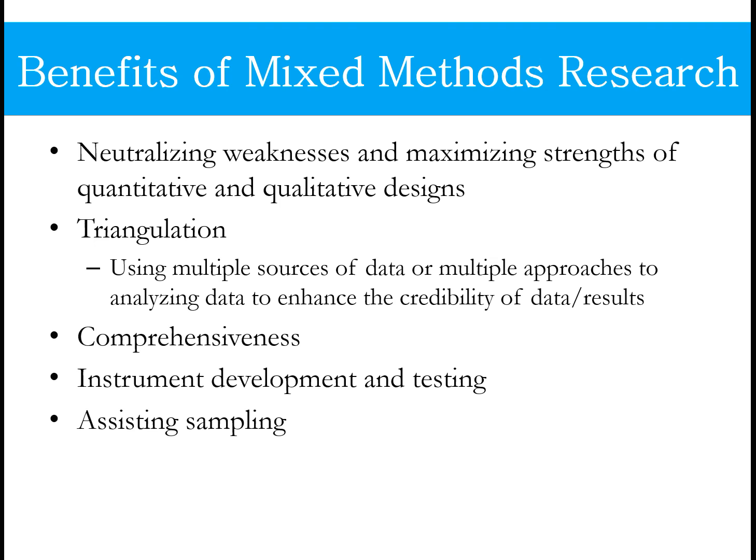You also can have triangulation. Triangulation is when you're using a whole bunch of different types of data, and that then enhances the credibility of your data and results. So, for example, you might be doing a falls prevention program. You've got pre-post physiological measures.